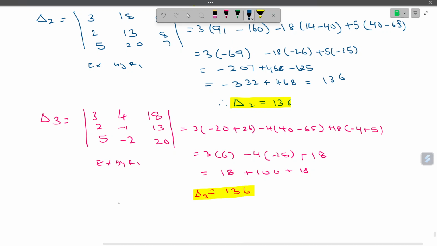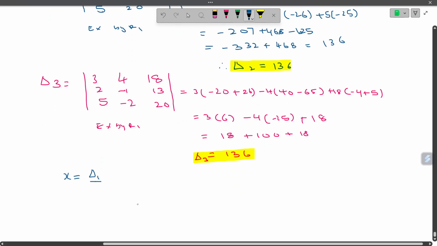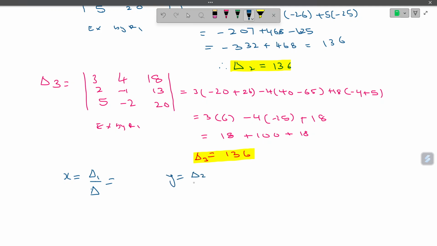Now what to do? We have to find x. What is x? Del 1 by del. What is y? Del 2 by del. What is z? Del 3 by del.